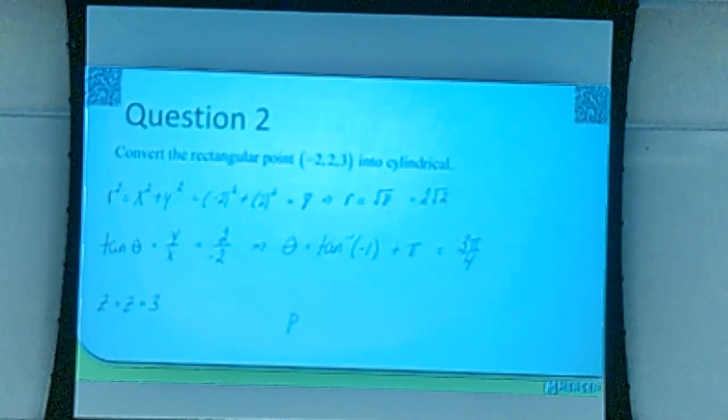And so our point in cylindrical is two root 2, 3 pi over 4. Pretty straightforward, right?